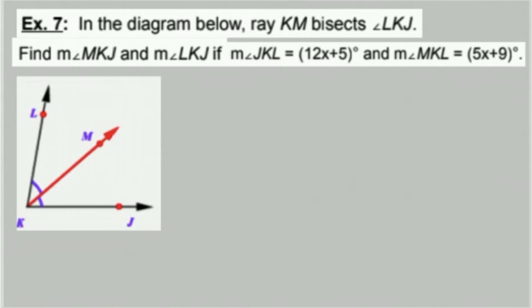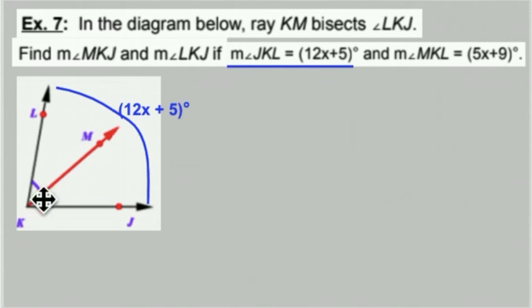For example 7, we also have an angle bisector. KM bisects angle LKJ. But this one's a little different. In this one, we are told that the measure of angle JKL, which is the big angle, is 12x plus 5 degrees. So we're not given one of the smaller ones.